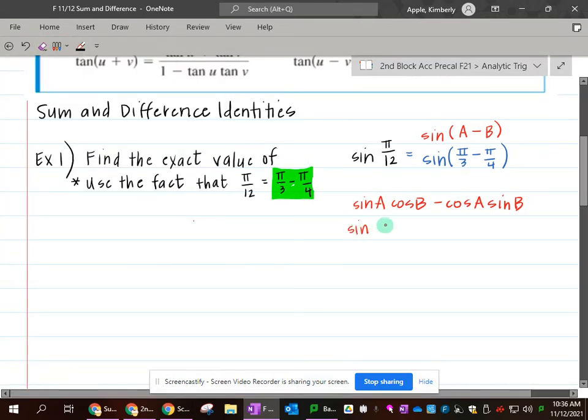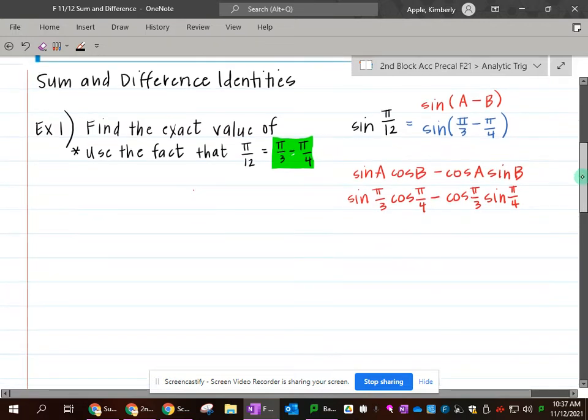So sine of pi over 3, because that's A, times the cosine of B, which is pi over 4, minus the cosine of A, which is pi over 3, times the sine of pi over 4, that's B. So notice I just took all the A's and replaced them with this A, and I took all the B's and replaced them with this B. Everybody tracking so far what I did, why I did it? Yeah? Okay. Well, this is fine because I can find the sine of pi over 3 on my unit circle.